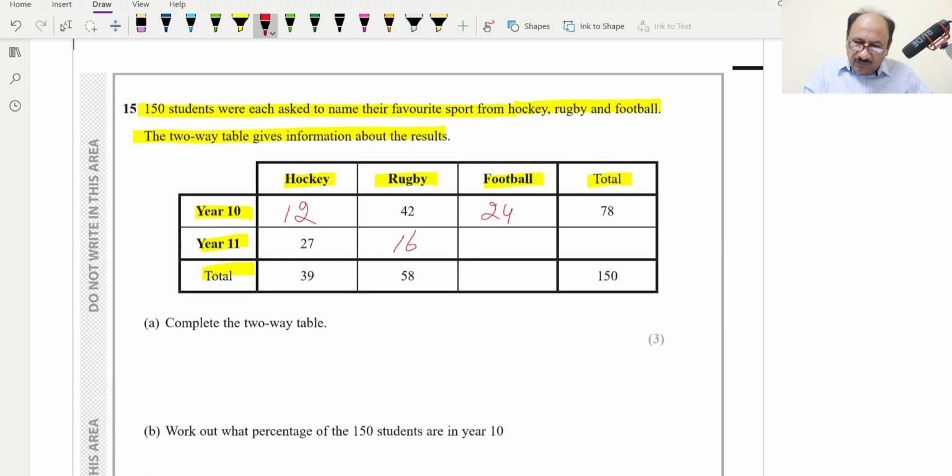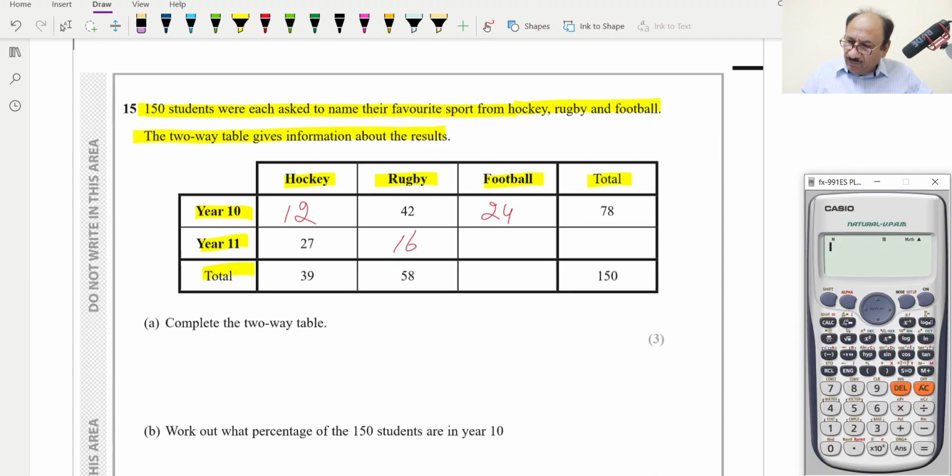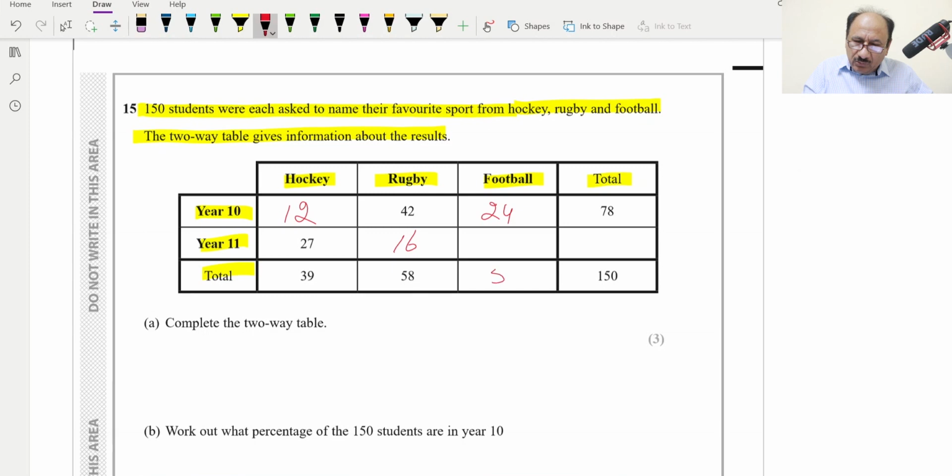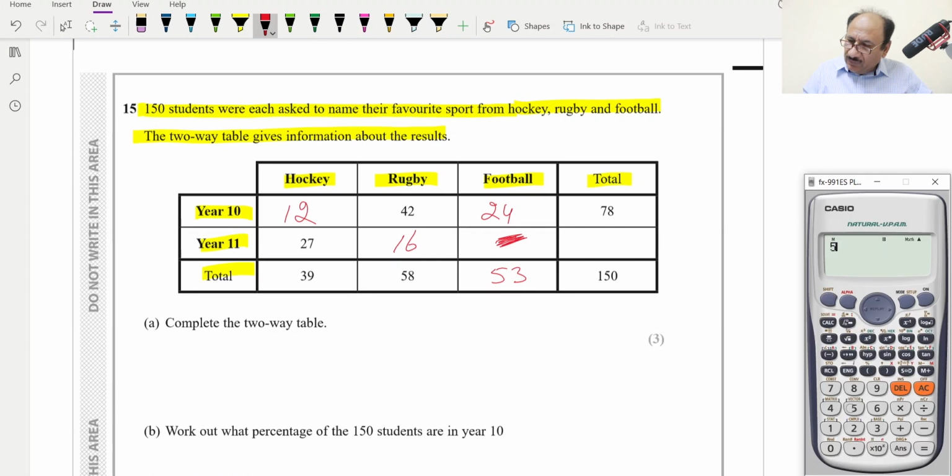Now we can check for this number, so this will be 150 minus 39 minus 58 will be equal to 53. So this number is 53. Now we can check for this number. So it will be 53 minus 24 is equal to 29.